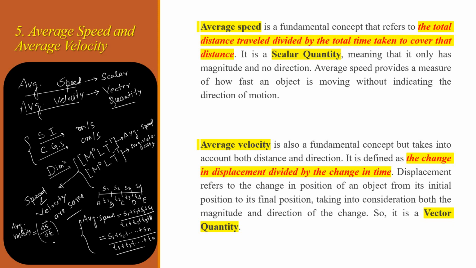So it is represented by delta s by delta t, and we write it as v vector, because velocity is a vector quantity, so you put a vector sign over it by giving an arrow over its head.